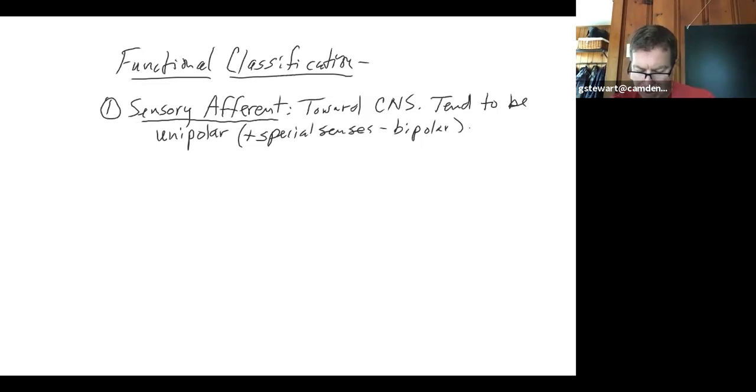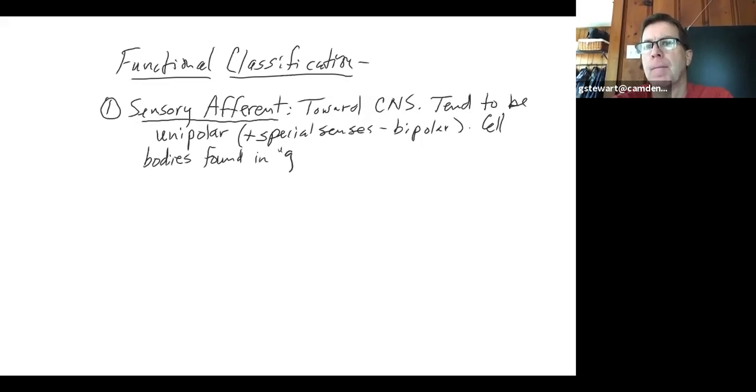Also with the sensory afferent neurons, their cell bodies are found in clusters called ganglia. I mentioned that term yesterday. In the peripheral nervous system, okay?